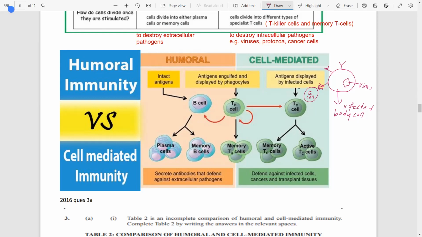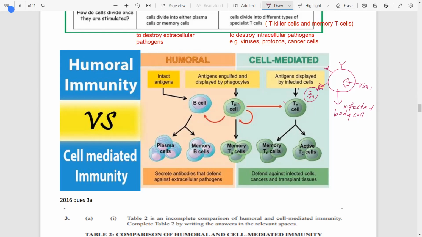So when the T cell realizes that the cell has been infected, the T cell is going to communicate with the helper T cell and say, hey, I have detected a body cell that has a virus inside of it. So the T helper cell says, all right, go ahead. Your job is to destroy this infected body cell because this is cell-mediated immunity to deal with an intracellular virus. So the helper T cell says, I'm going to support you, cytotoxic T cell.